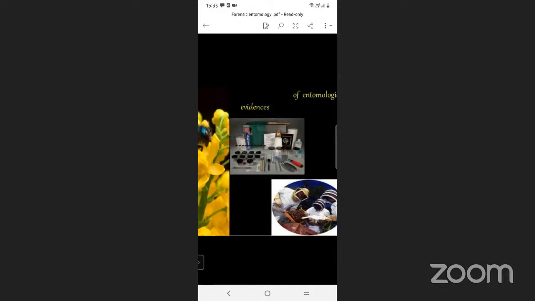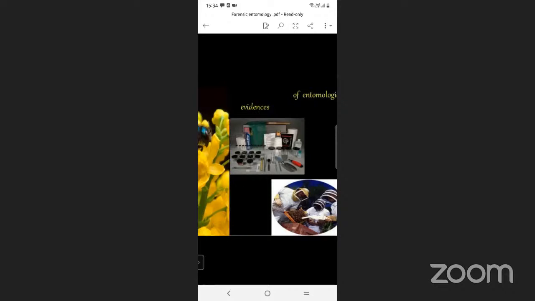If it is not stiff, it is 3 hours only. If it is stiff, it may be 3 to 36 hours. If it is cold and not stiff, it is more than 36 hours. Like that, the initial decay of these dead bodies will give clues to the forensic people.